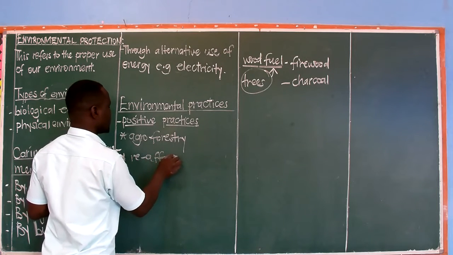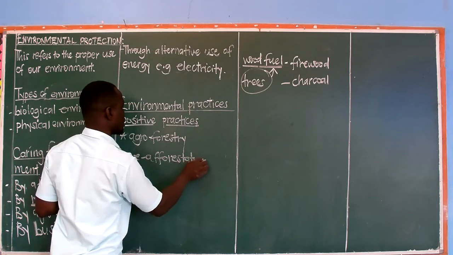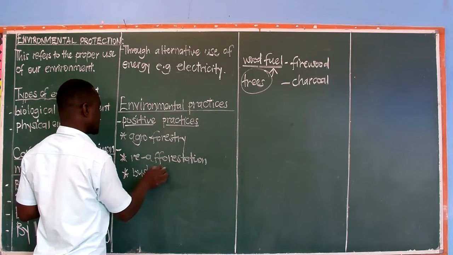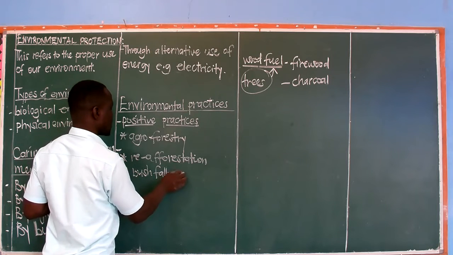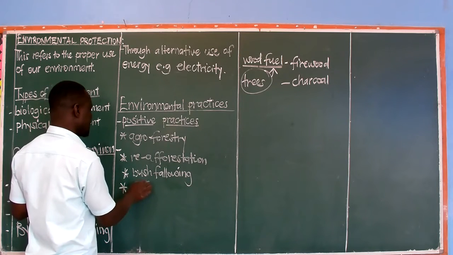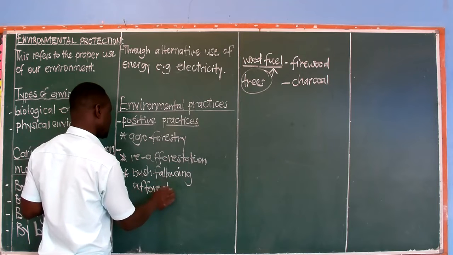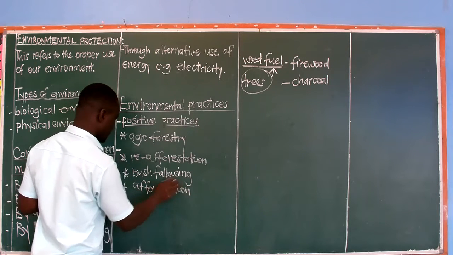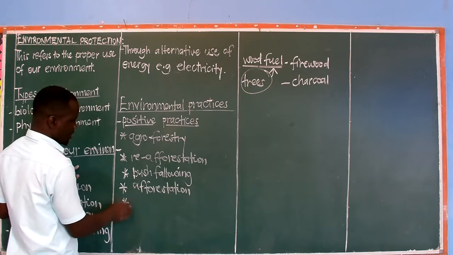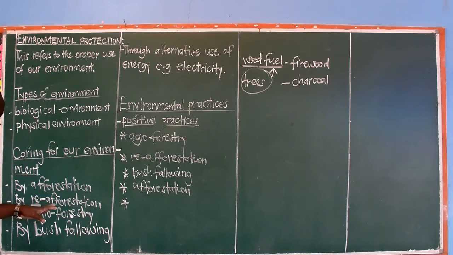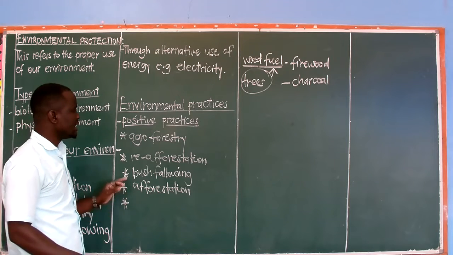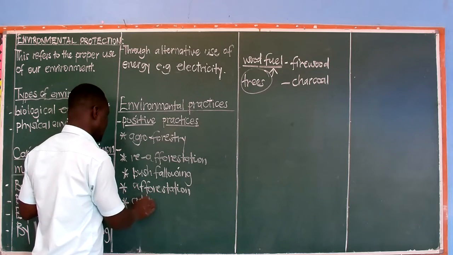Reforestation. This one is good. We shall have practices like bush fallowing, leaving the land to rest. We shall have practices like afforestation. We have put agroforestry, we have bush fallowing, we have practices like afforestation, then addition of fertilizers.